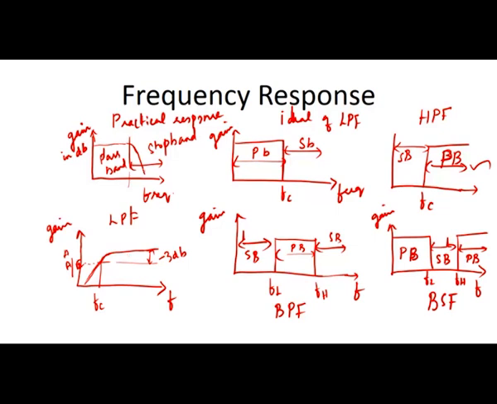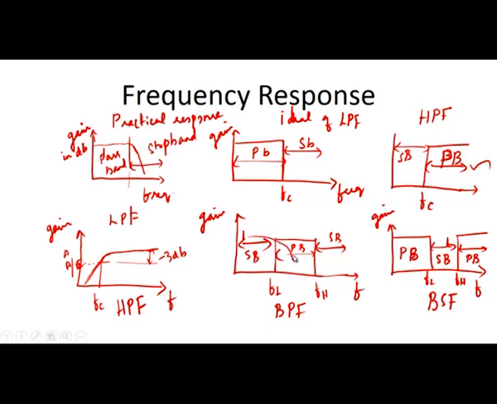Even in the low pass filter, it is not simply 0, it has a frequency response in the stop band also. This is the way the practical responses of the low pass and high pass filters behave. In the band pass and band stop filters, if you draw the practical response, it will be like this.